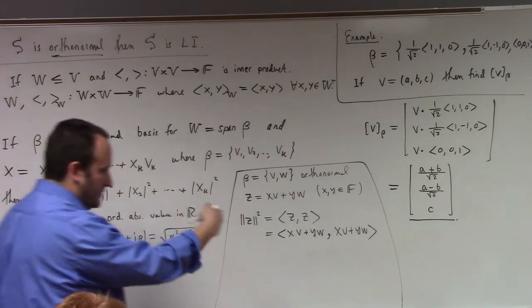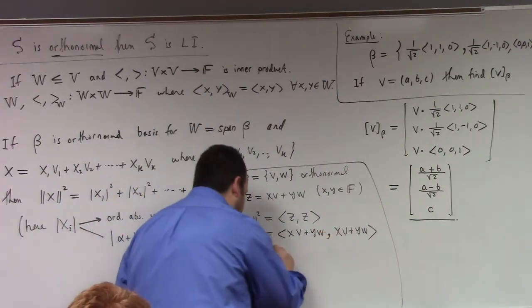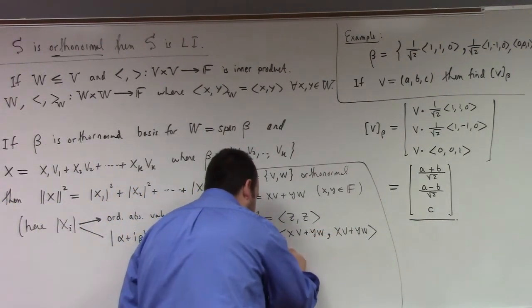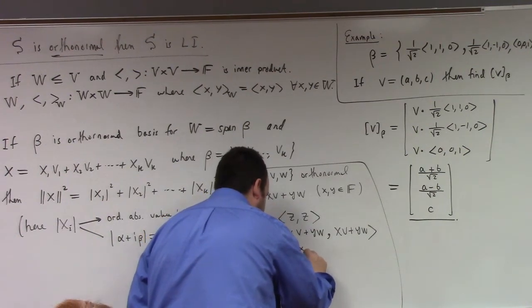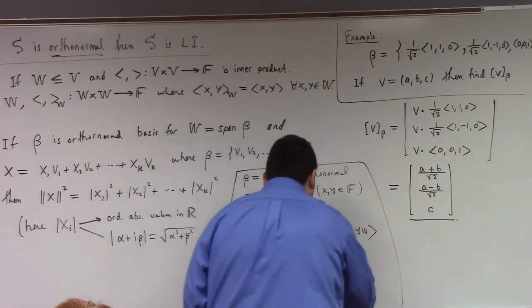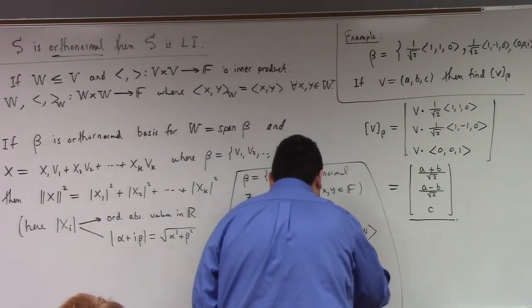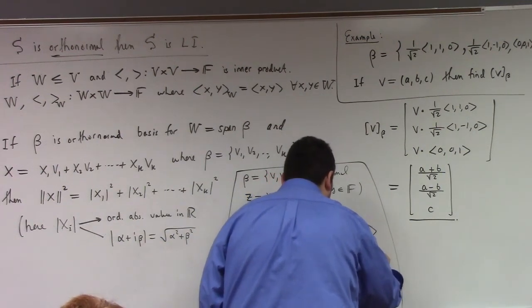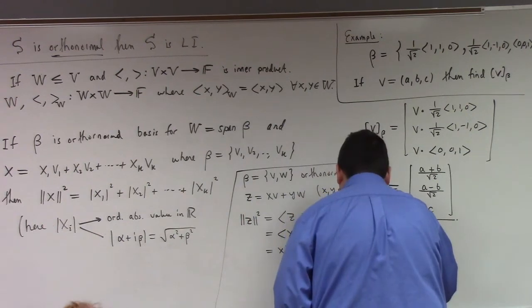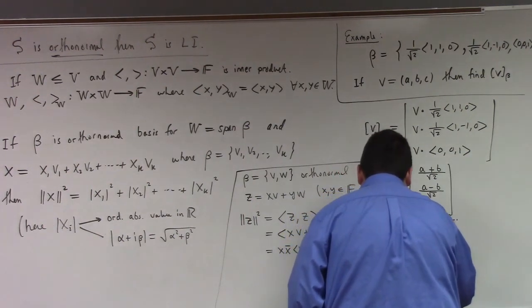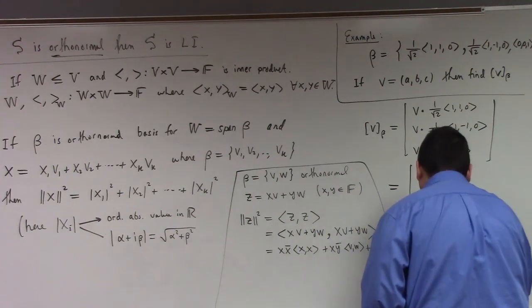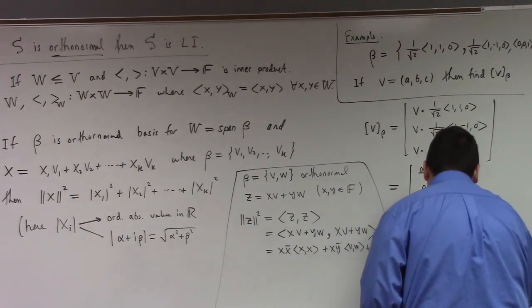Then, properties of the inner product say that this is equal to x bar x times vv plus x y bar vw plus y x bar wv plus y bar y ww.